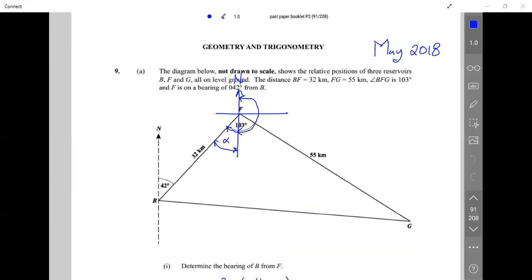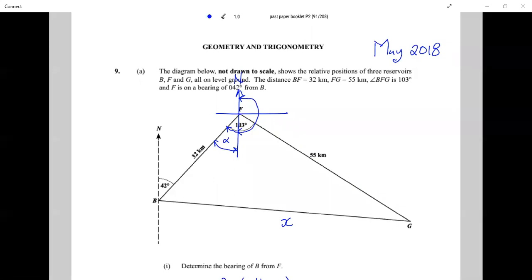They wanted to calculate the distance BG, giving your answer to 1 decimal place. All right, so we want the distance BG. So let's call this X. First of all, BFG is a non-right angle triangle. I know the length of 2 sides and the angle between them.